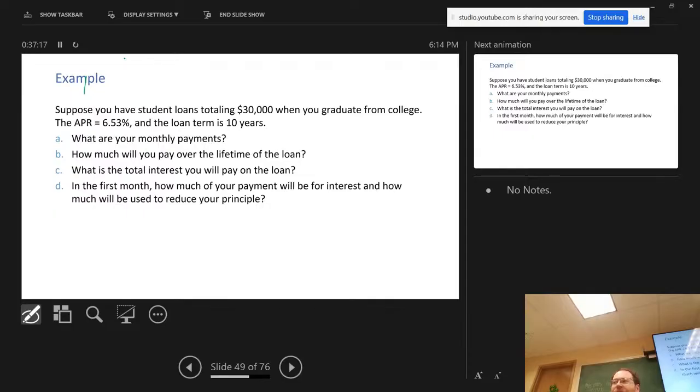But again, we could have done this using Excel, using the payment command with this information. But essentially, using technology, we can get that information. Any questions about that?